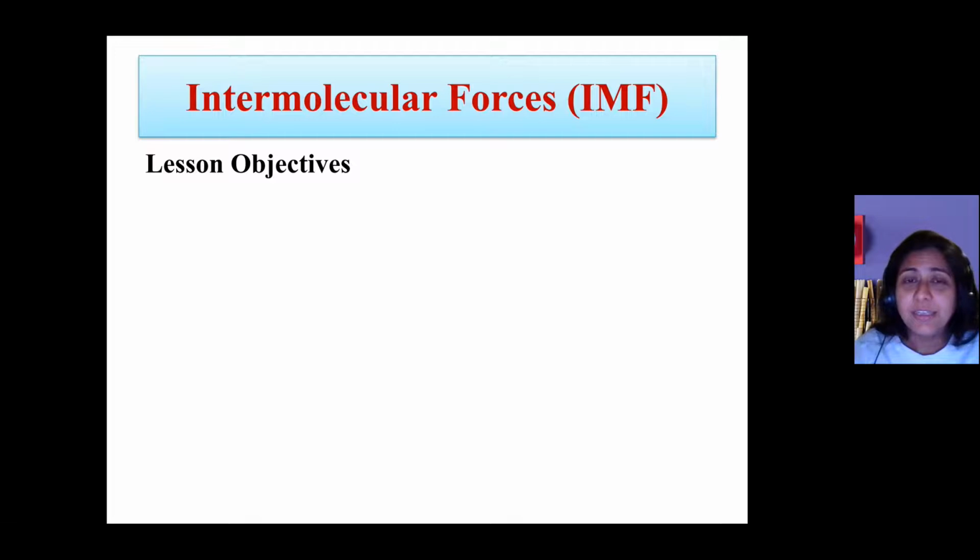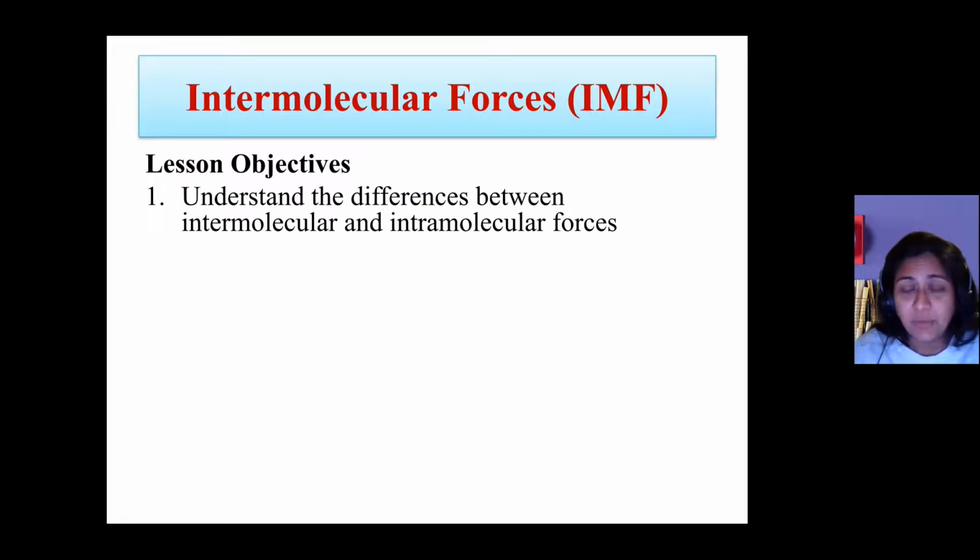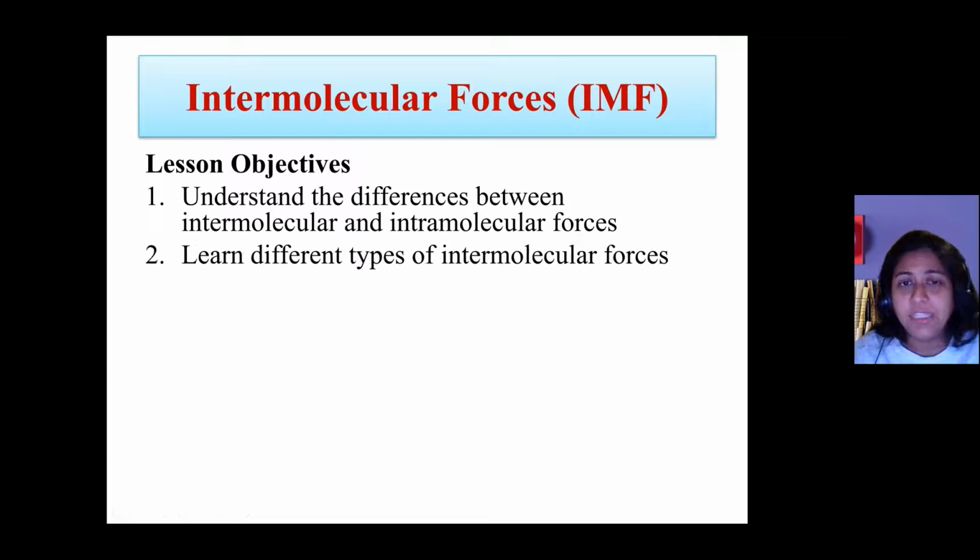Intermolecular forces. Here are the lesson objectives. First, we will understand the differences between the intermolecular and intramolecular forces. Second, we'll talk about the different types of intermolecular forces.